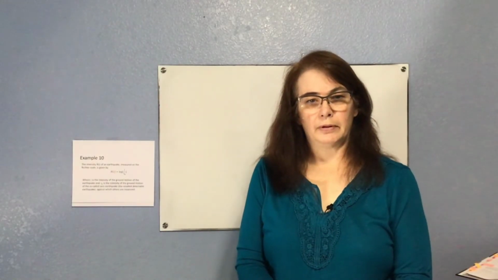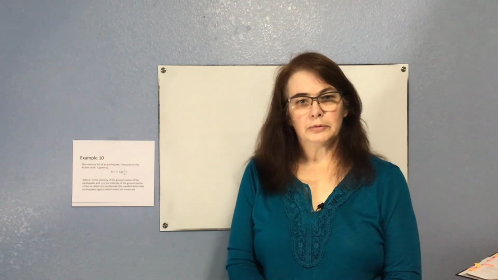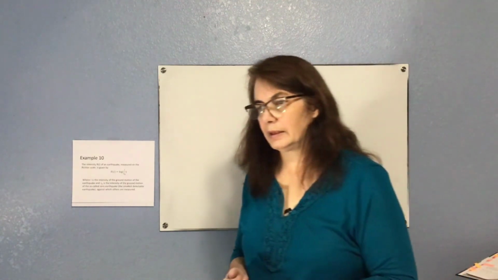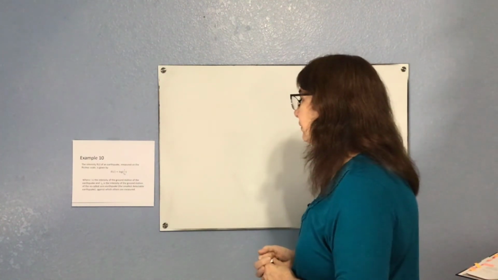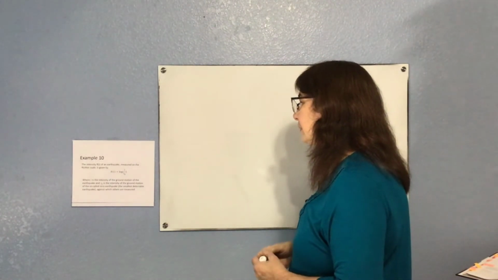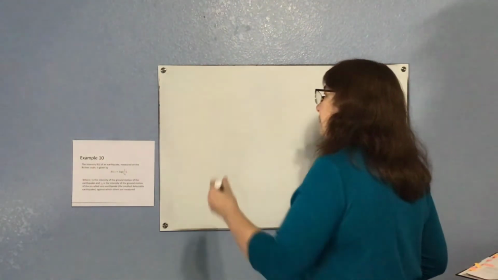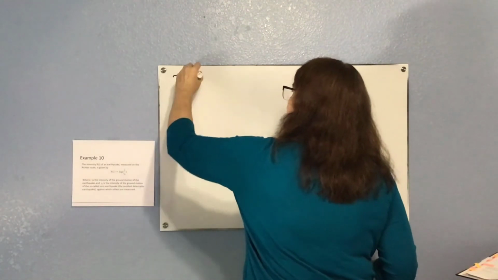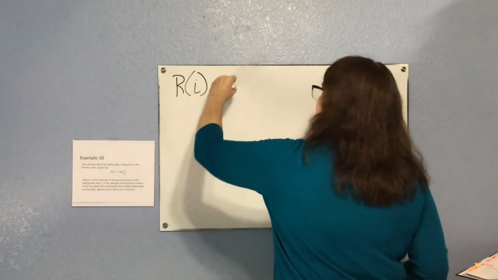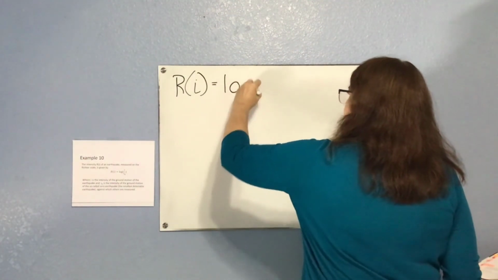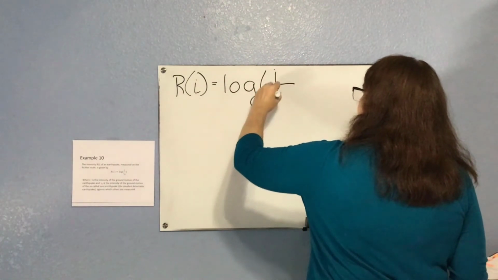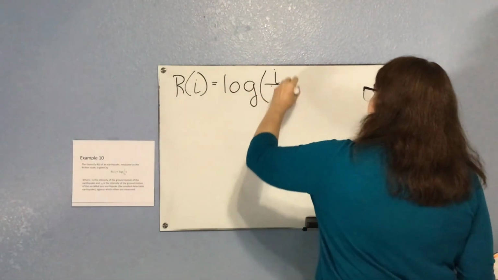Our last example deals with the Richter scale, which is a scale that's used to measure earthquakes. So here's the example. The intensity R of I of an earthquake measured on the Richter scale is given by this equation. R of I is the log of I over I sub 0.